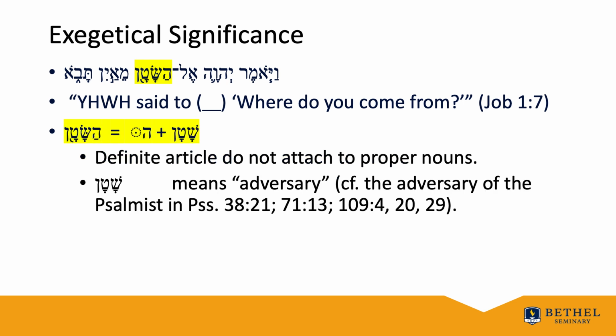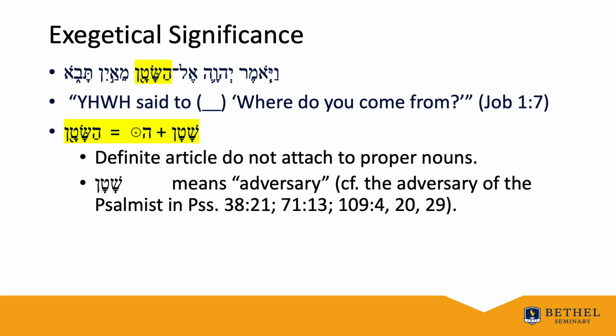One rule of the definite article that I didn't mention earlier is that definite articles are attached to nouns, but they are never attached to what we call proper nouns. Proper nouns are place names or individuals' names that are very unique to themselves. For example, it will be words or names like Abraham, David, maybe place names like Bethlehem.